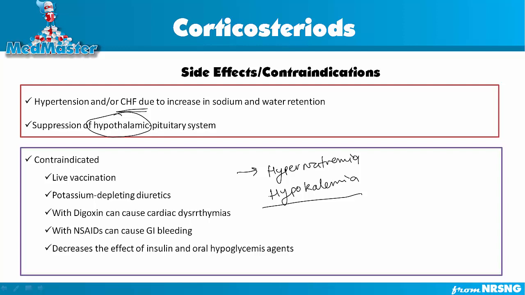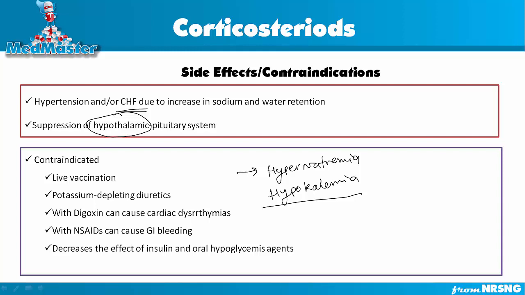You do not want to give it with digoxin, because it can cause cardiac arrhythmia. If you refer back to the cardiac glycoside video, we talked about how digoxin's mechanism of action is based on sodium, potassium, and calcium concentration. So if this medication causes hypokalemia, you need to be really cautious giving digoxin to this patient, because it can cause digoxin toxicity and cardiac arrhythmia.